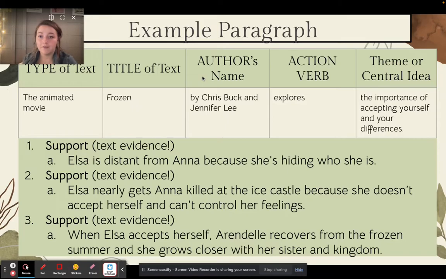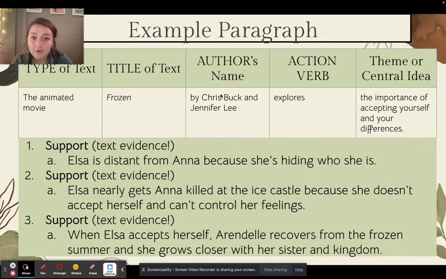So, moving forward even more, I wanted to give you an example, right? If we're thinking about the movie Frozen, well, I can go ahead and write that first really powerful sentence. So I know it's an animated movie. So here I have the animated movie, Frozen. And remember, movies and books get italicized. They get that slanty font to show that they're special.